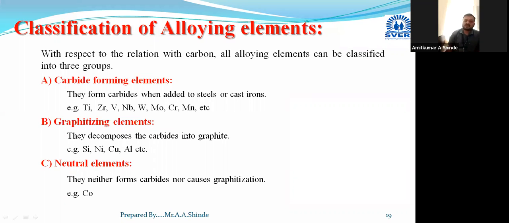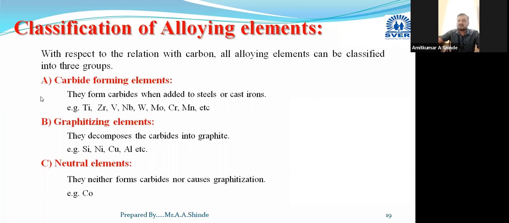Suppose due to the addition of chromium, chromium carbide is formed, and if you add a small amount of nickel or copper, it will break that carbide. Due to the breakage of that carbide, graphite, which is nothing but carbon, will get separated.